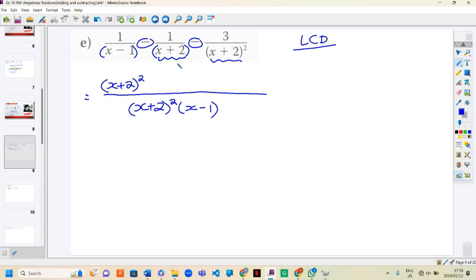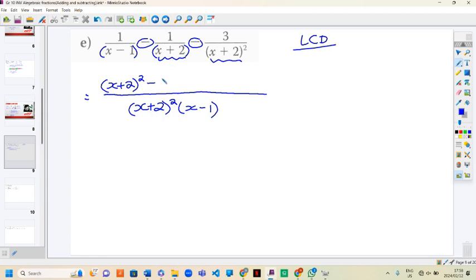Then I've got a minus. And over here I've got x plus 2. Now what's missing here? How many x plus 2's do I have here? I've got one of them. How many x plus 2's do I have here? I've got 2, because it's squared. And I've got an x minus 1. So what's missing?